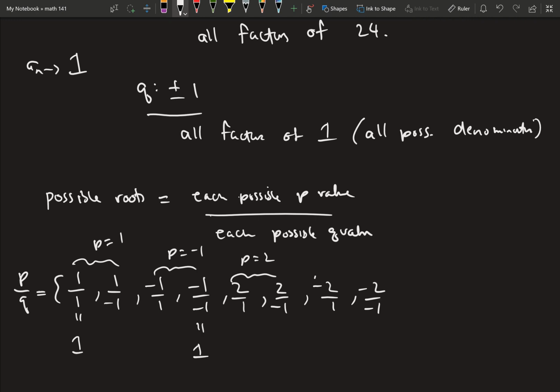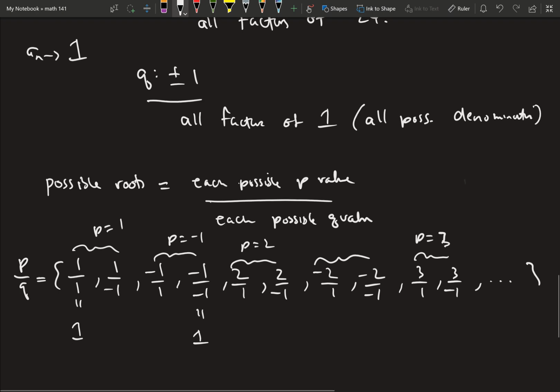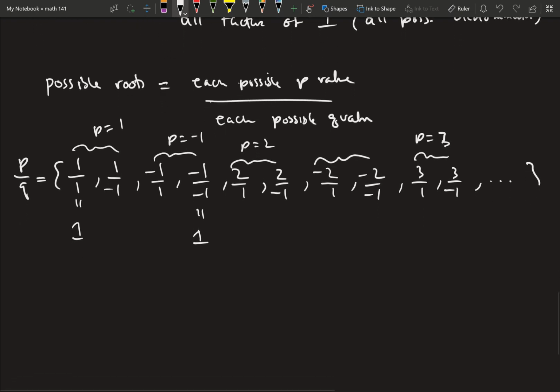For the first time at least, I'm writing down some things explicitly. So 3 over 1, 3 over negative 1. This is when p equals 3. And you can go on and on and on. But at the end of it all, since you're just dividing by 1, you end up with just the exact same as the set of p-values itself.